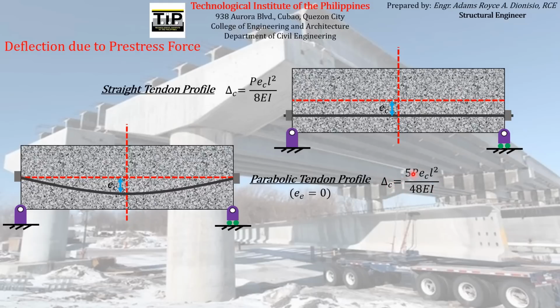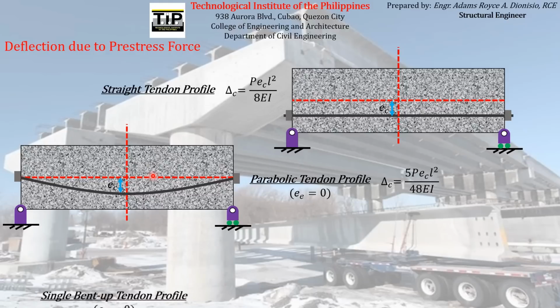5 times the magnitude of the prestress force that will be transferred to the concrete element times the eccentricity at the center times the span of the beam itself, divided by the product of 48 and the modulus of elasticity and the moment of inertia of the concrete section.